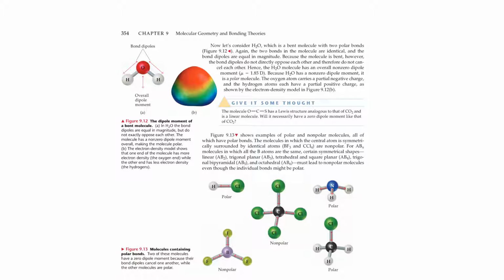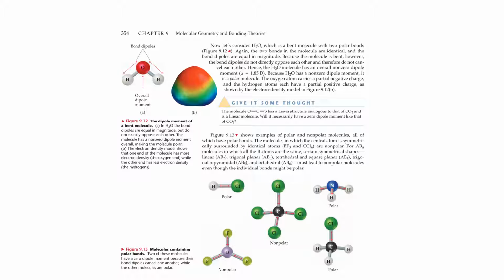Now let's consider water, which is a bent molecule with two polar bonds. Again, the two bonds in the molecule are identical, and the bond dipoles are equal in magnitude. Because the molecule is bent, however, the bond dipoles do not directly oppose each other and therefore do not cancel each other. Hence, the water molecule has an overall non-zero dipole moment.